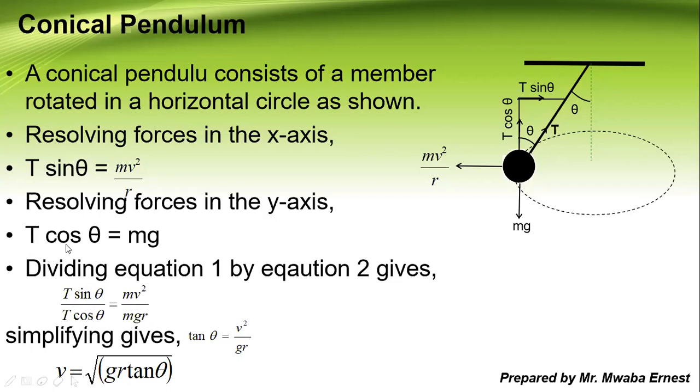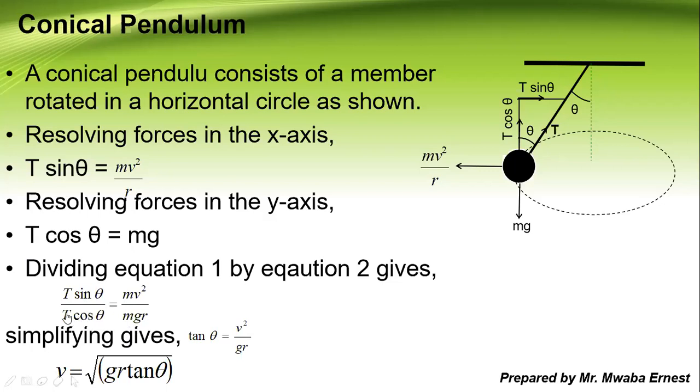Divide by equation 2. So we divide by, and we pick corresponding sides. So in this case, we have over this one should be here. That's T cos theta equals the right side of the second equation, which is mg. So that's how come now we have these two arranged like that.